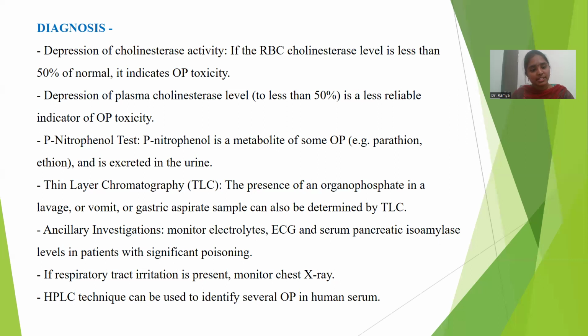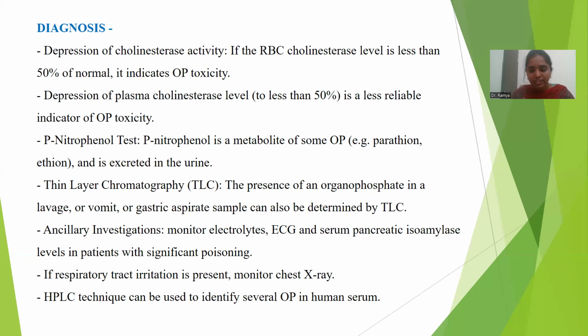Next, the HPLC technique can be used to identify several organophosphates in human serum. These are the different diagnostic tests by which we can indicate whether it is organophosphate toxicity or not. So, if we indicate it is organophosphate toxicity, then we will go for treatment.